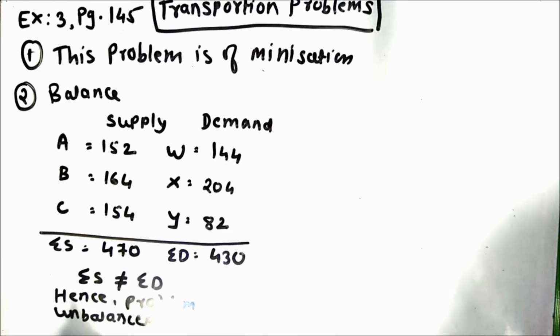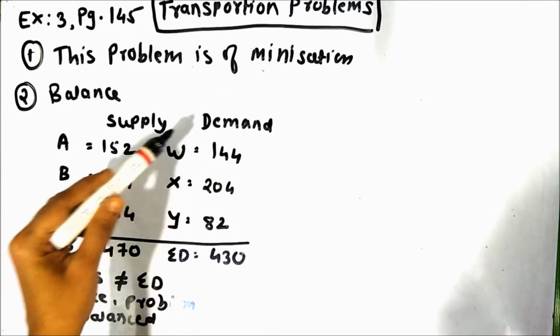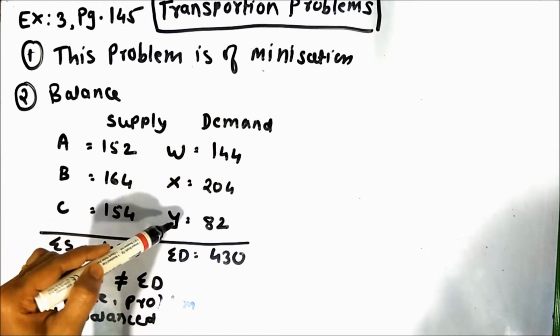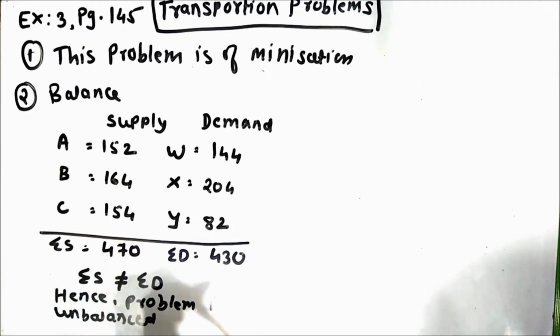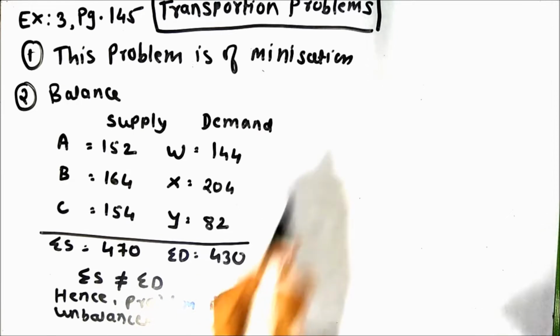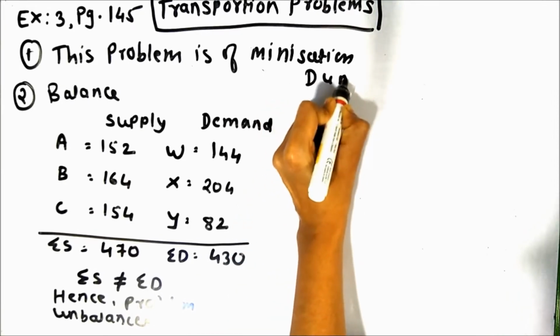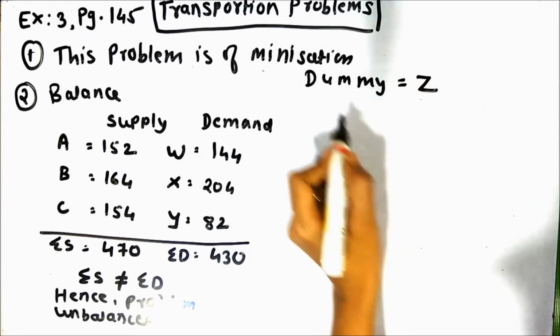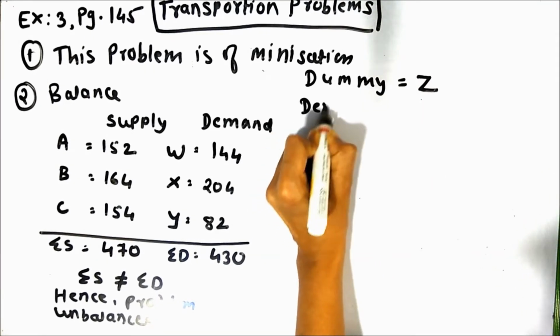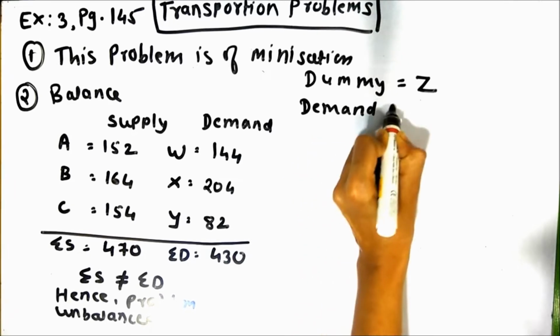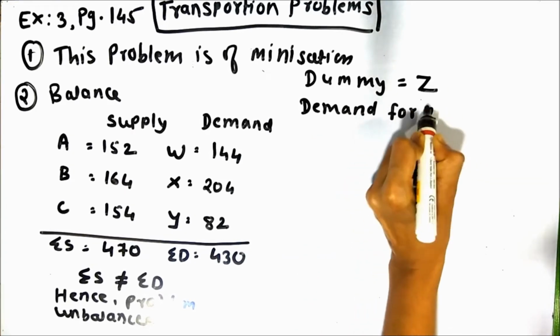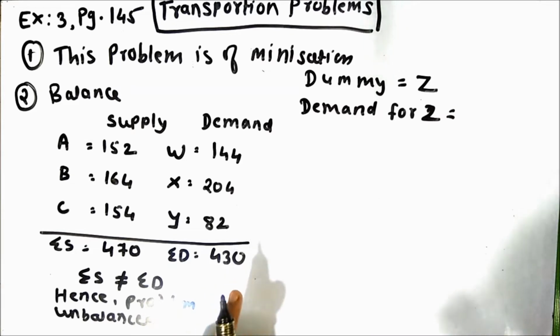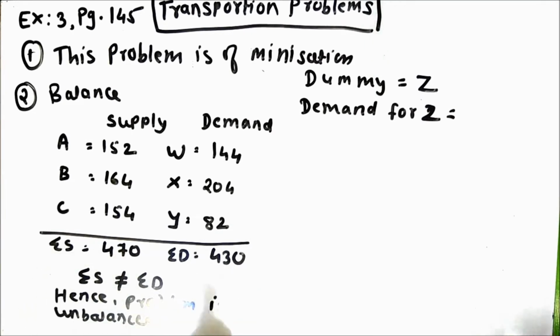So in the demand we have W, X, Y, and the next will be the dummy. Let us consider the dummy as Z. So let me write the dummy, which we are going to consider as Z, and the value of this demand for Z will be the difference between these two, as we want to make it balanced.